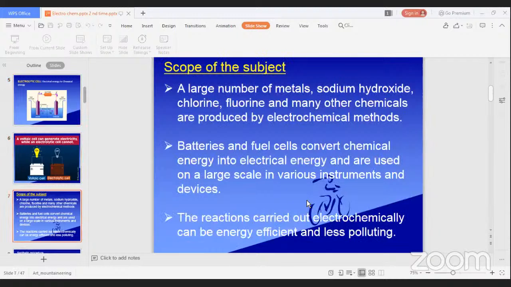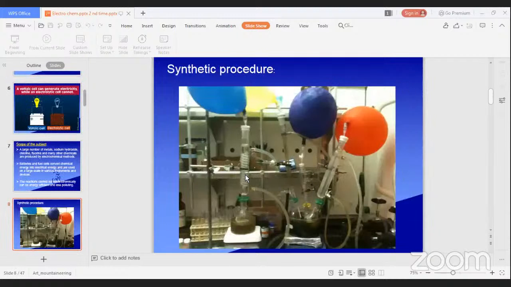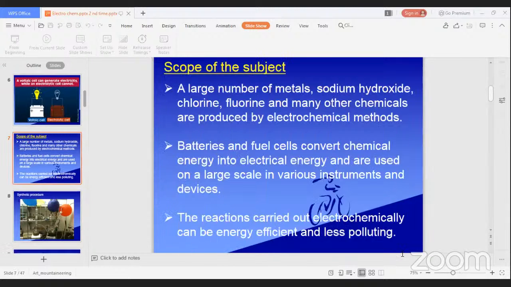So in the synthetic reaction, some byproducts are forming, we are using organic solvents, and we are using high temperature. So these are not eco-friendly. Electrochemistry is eco-friendly, with less pollutant, and less energy is required.